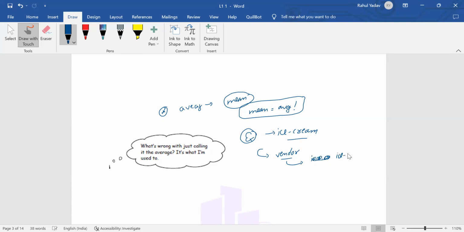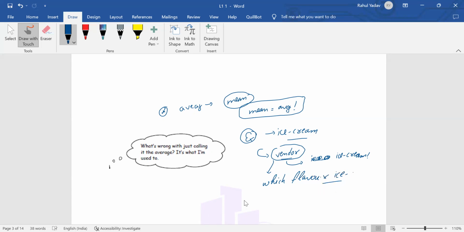What will this vendor do? He will say, I will give you the ice cream, but at least tell me which flavor or which ice cream you want. That is the initial question that will be there.